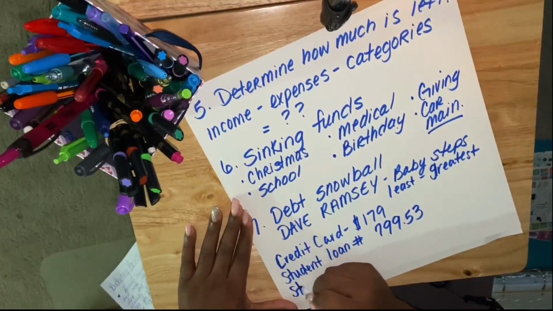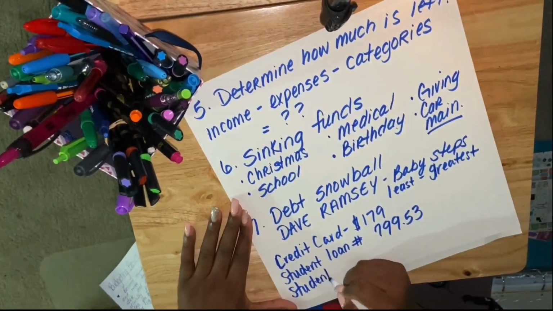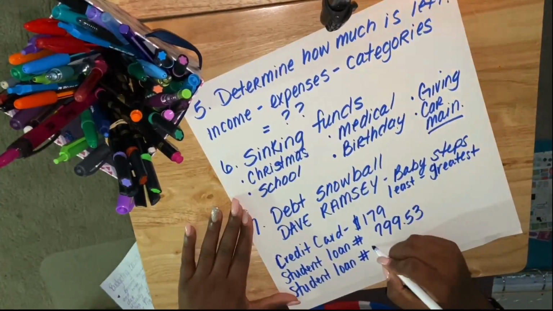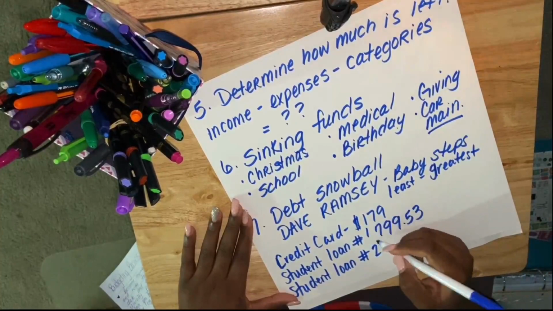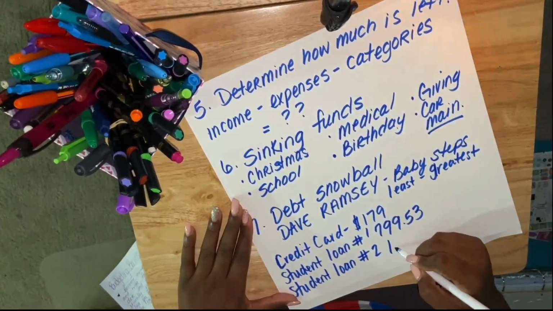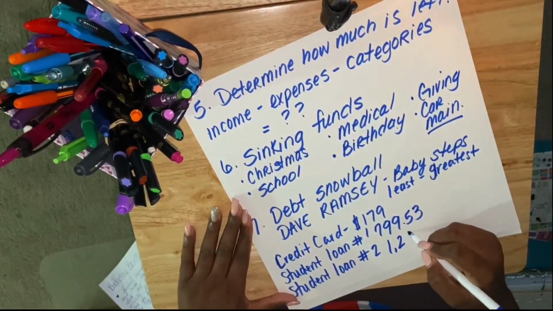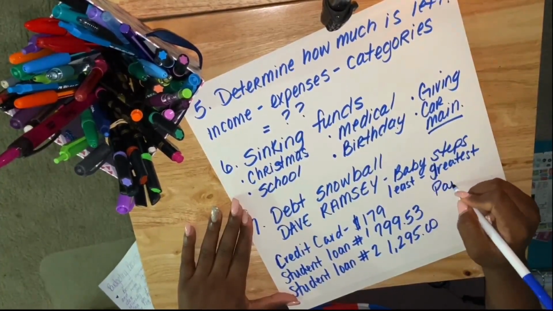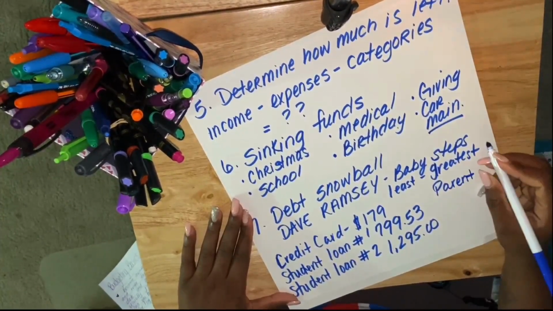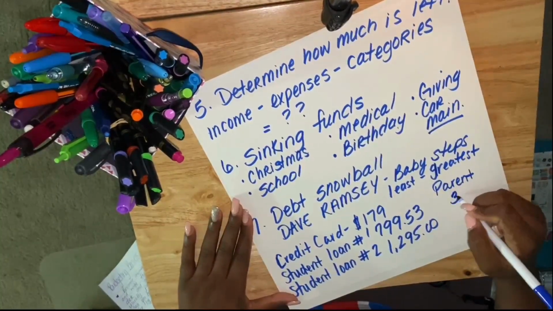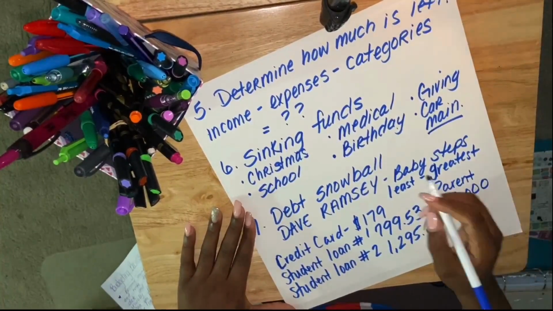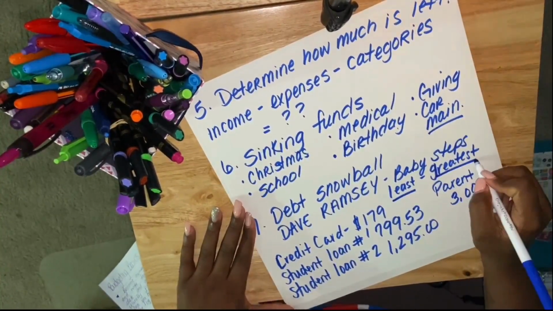Then you have student loan number 2, which is for $1,295. And say for instance you have parents that you owe, and therefore $3,000. You will list them all from least to greatest.